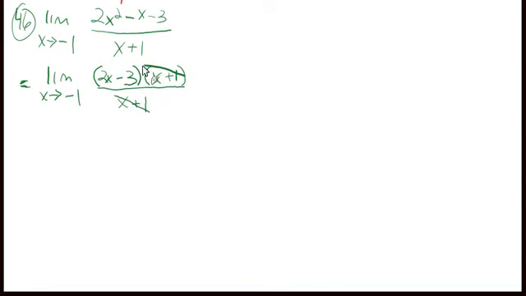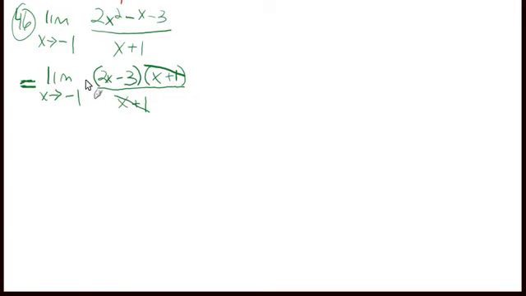I want to bring to your attention that I have put an equal sign here, but I am equating the limits of these functions, not the functions themselves. These functions are different. They're not identical functions. Remember, they agree at all but one point, so they couldn't be equal functions.